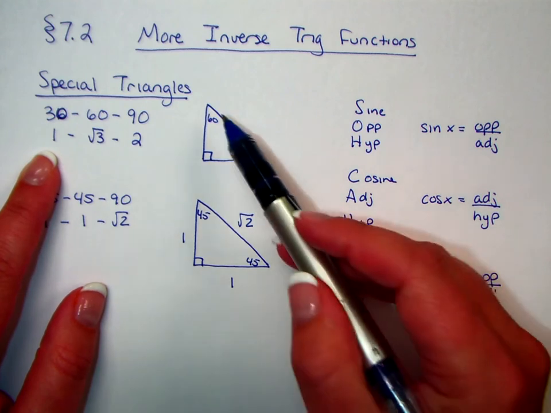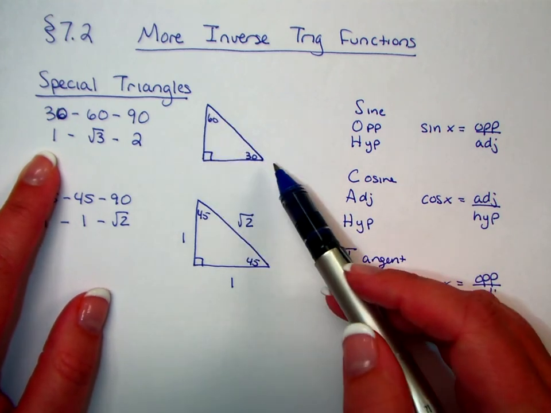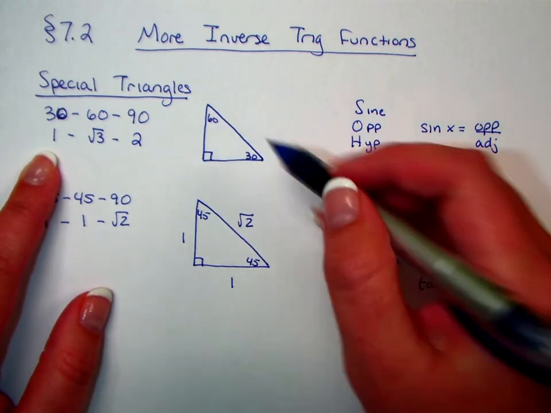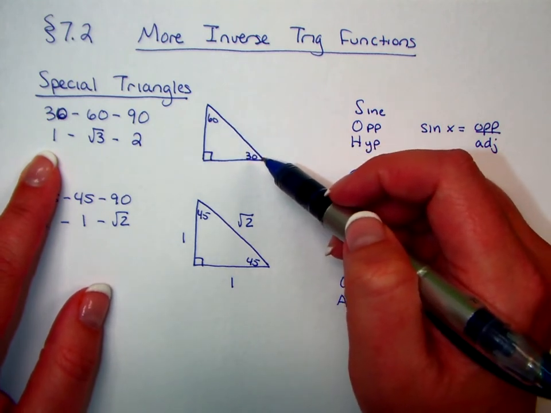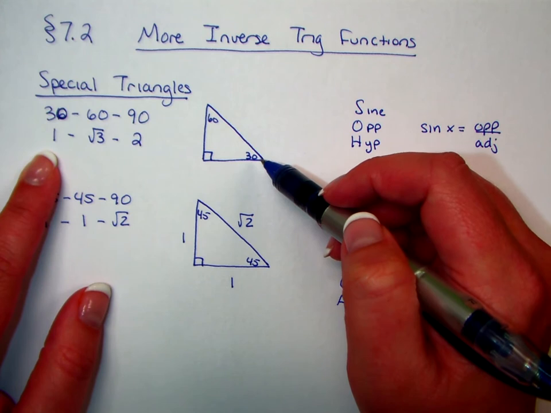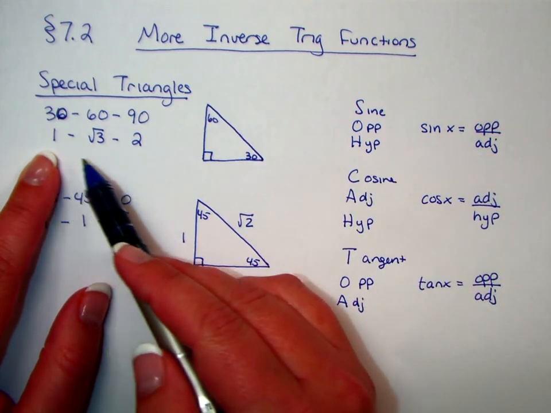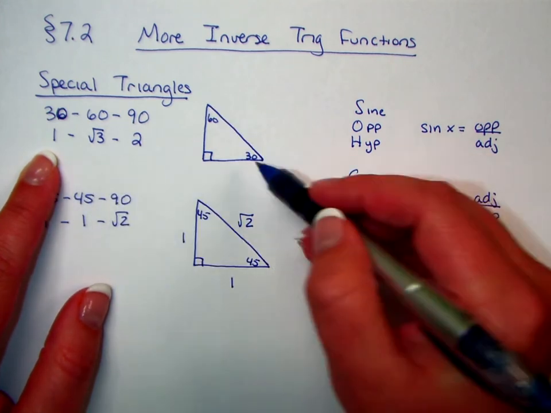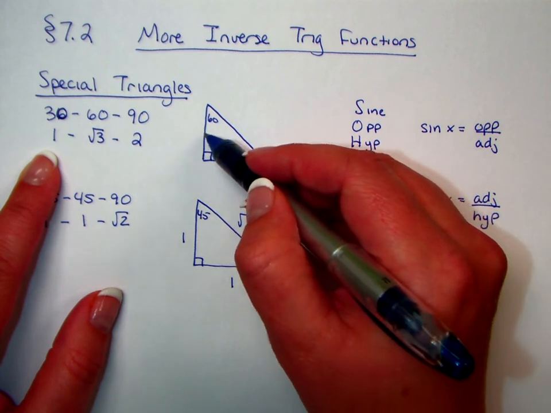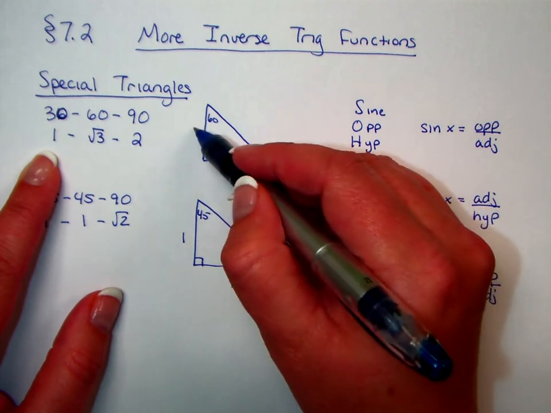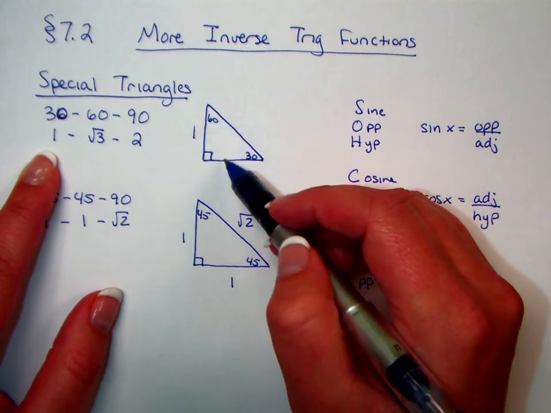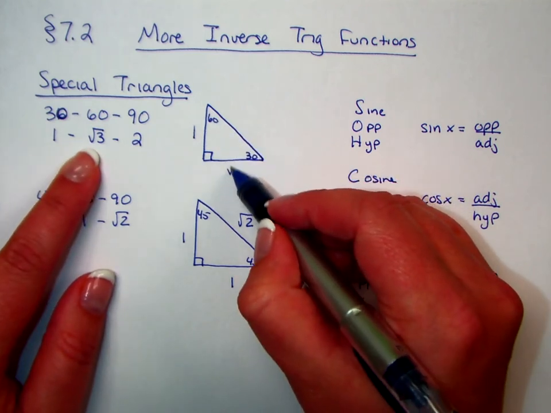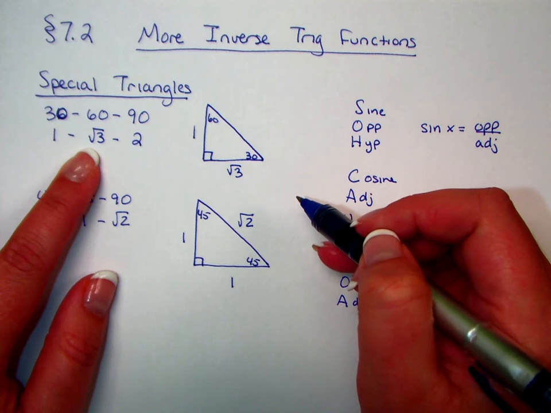Right? So here I've drawn a 30, 60, 90. It's actually probably 45, 45, 90, but I'm going to label it as a 30, 60, 90. So I can label the sides according to these ratios. So the side opposite 30 degrees is going to be the smallest side. The side opposite the 60 degrees is going to be the middle length.